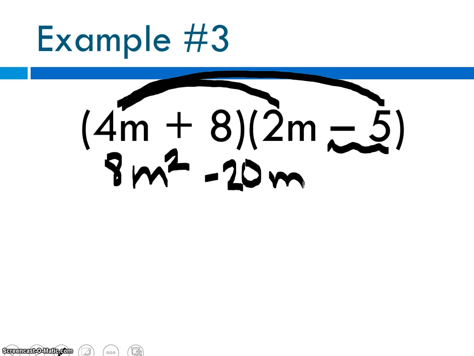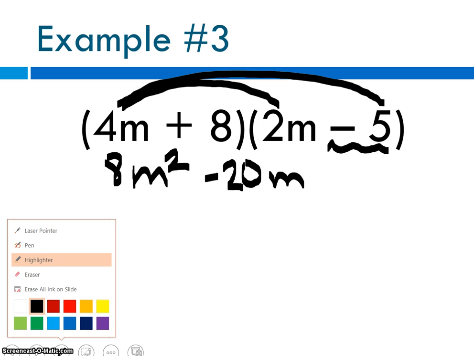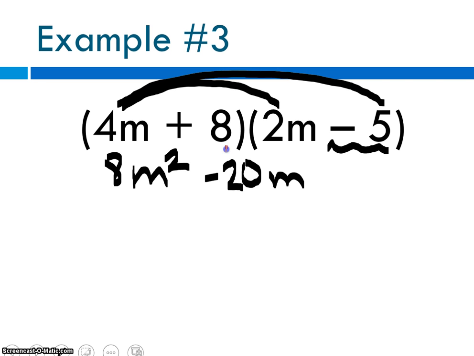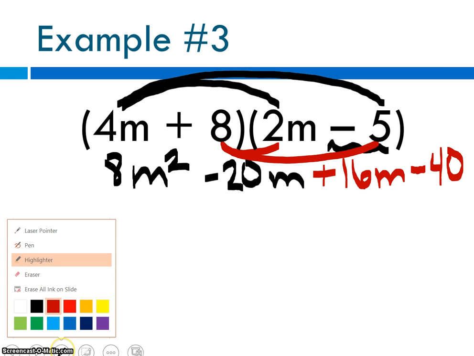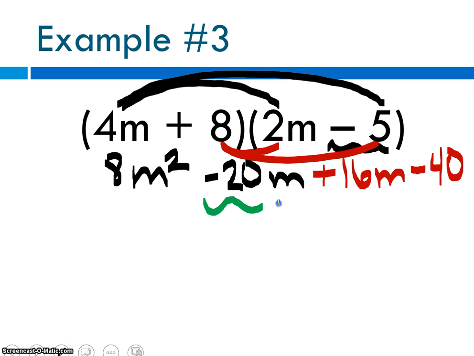Then we've got to distribute the 8 as well. So when I distribute the 8, I've got an 8 times 2m, which is a positive 16m. And then I've got to do 8 times negative 5, which is negative 40. Now I have to remember to combine my like terms, which is negative 20 and positive 16.